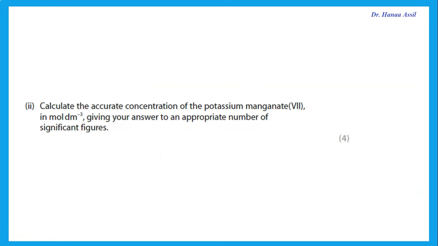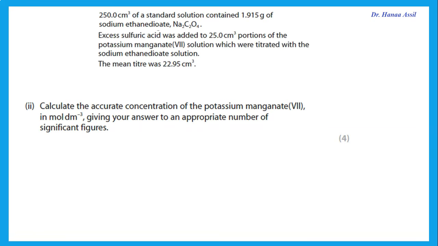Then the question says, calculate the accurate concentration of potassium permanganate. So, what were we told so far? We had 250 cm³ of the standard solution containing 1.915 grams of the sodium ethanedioate. Then we added excess sulfuric acid to 25 cm³ potassium permanganate in a flask.